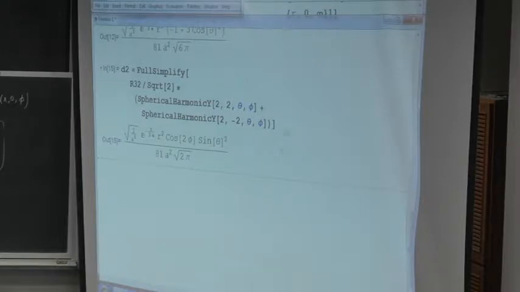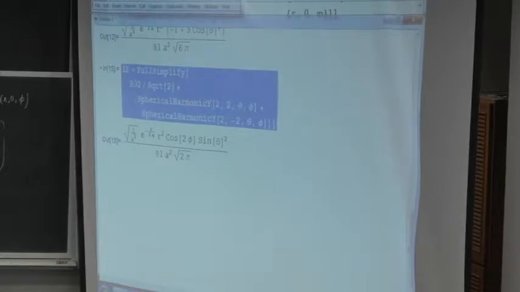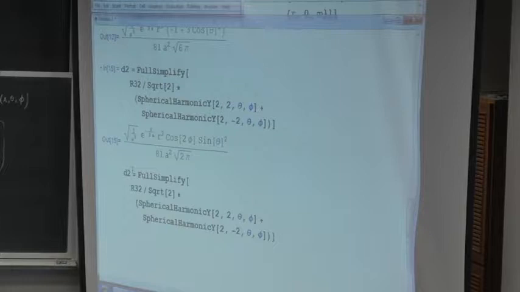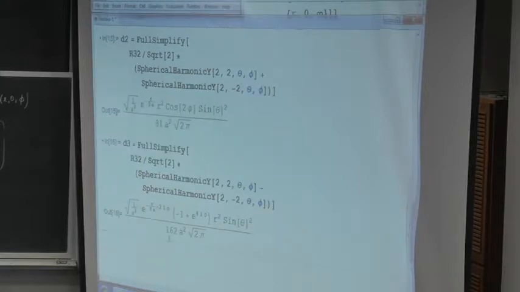Now I can define d3. All of these are d orbitals. My d3 is defined as, now I take the negative of this, yes, R32.